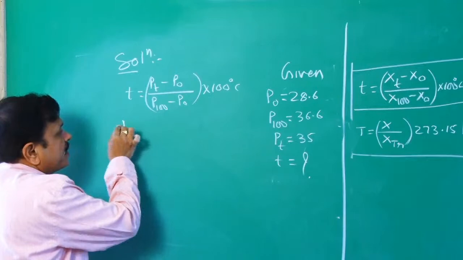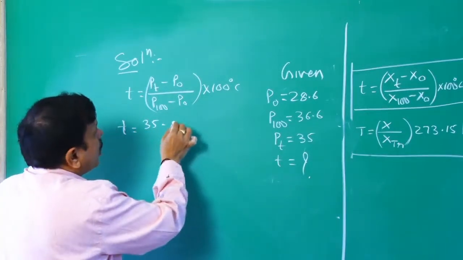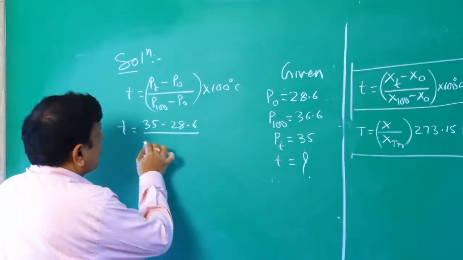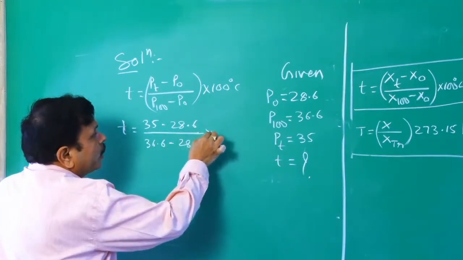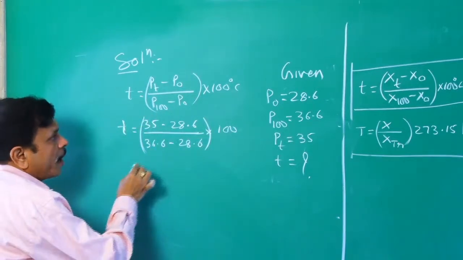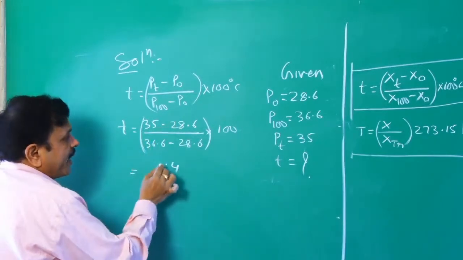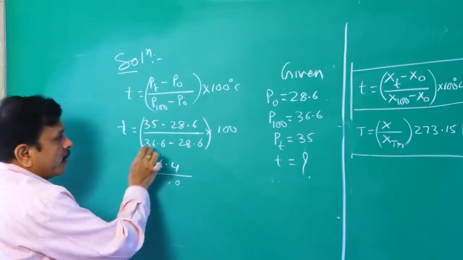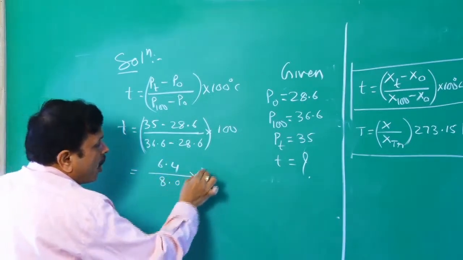Now T is equal to (35 minus 28.6) divided by (36.6 minus 28.6) into 100. Now 35 minus 28.6 is 6.4, divided by 36.6 minus 28.6, which is 8, into 100.